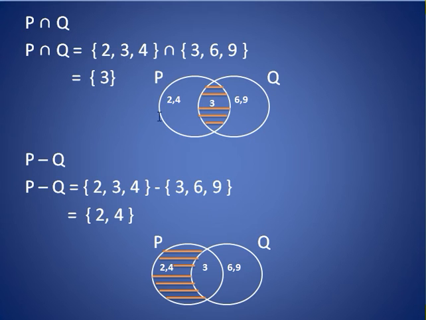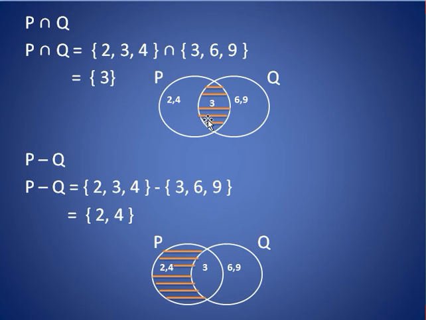Now common element 3 is here. We will write the rest of the elements of set P in circle P, 2 and 4, and these 6 and 9 are not present in set P, so we write them here in set Q. And our answer is 3, so we shade this portion.